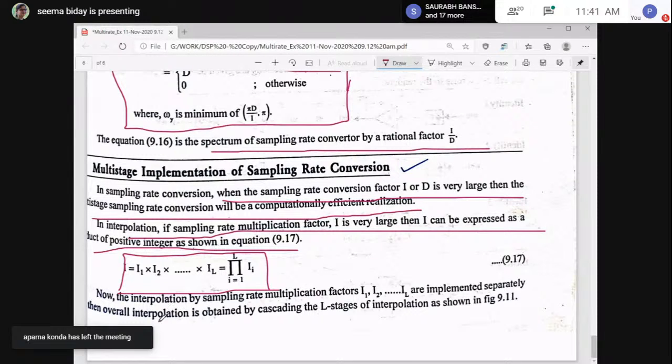Now the interpolation by sampling rate multiplication factors I1, I2 are implemented separately. Then the overall interpolation is obtained by cascading L stages of interpolation. So everyone note down this. What is multi-stage interpolation and how is it achieved?